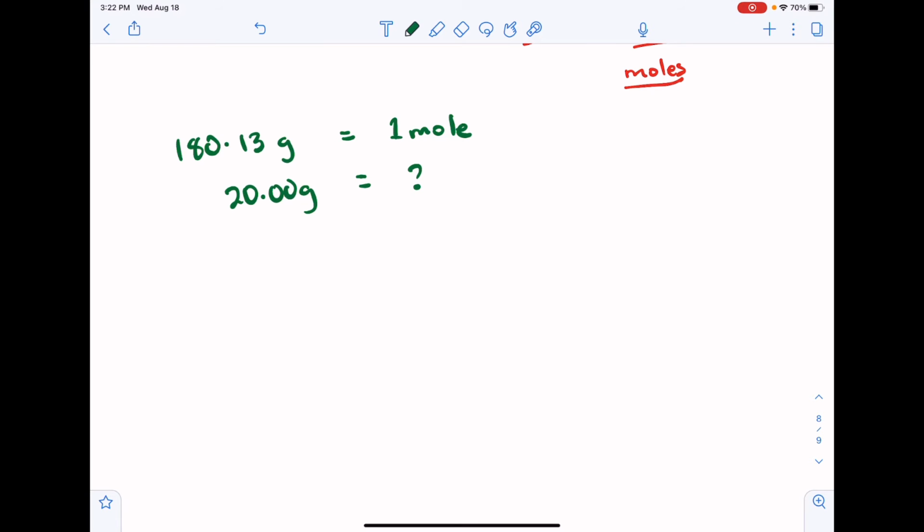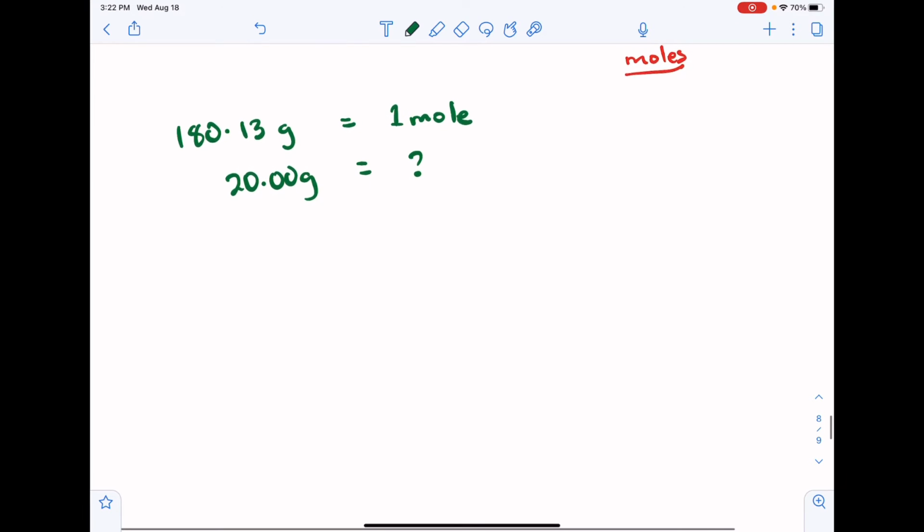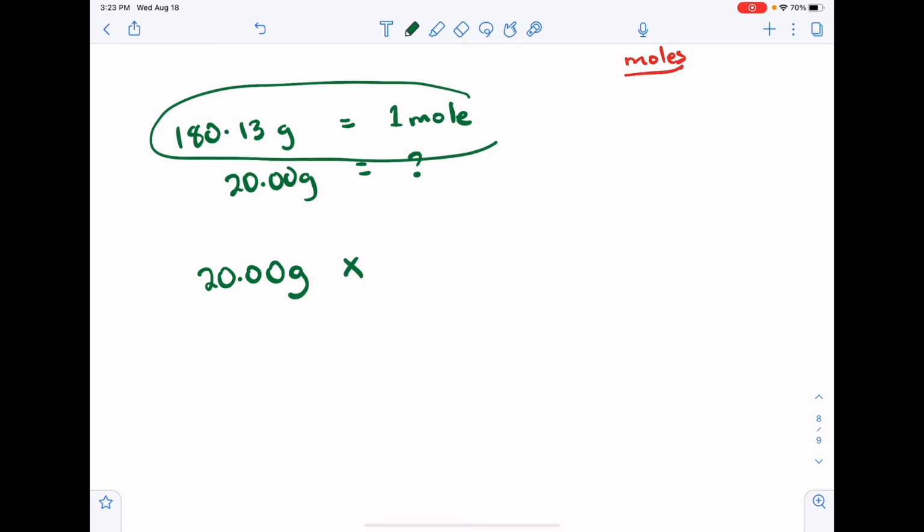So I'm going to do dimensional analysis for this one. And when you're doing a dimensional analysis, you put what you're given first, the question mark. So our question mark is how much is 20 grams in moles, and then we multiply the first line. So here we're given that 180 grams equal 1 mole, right?